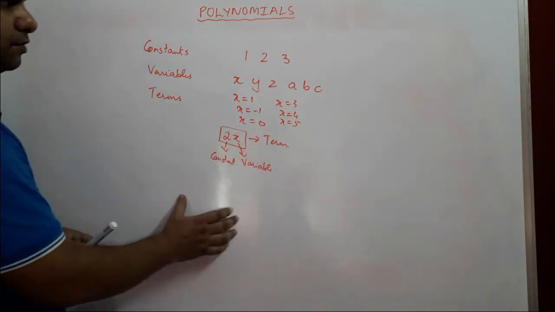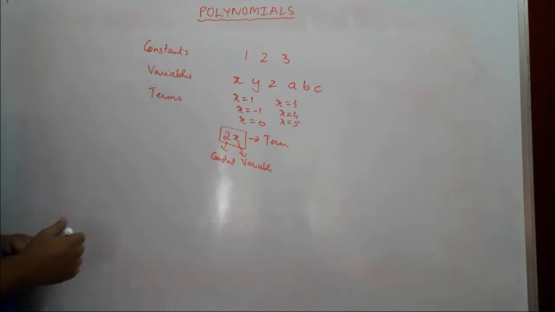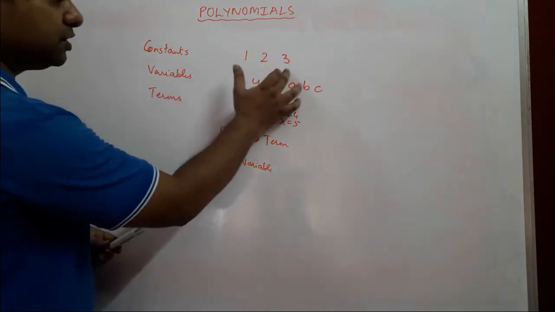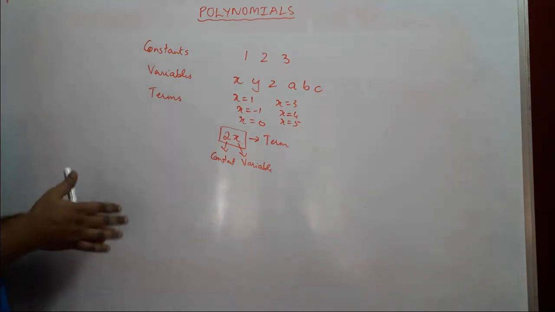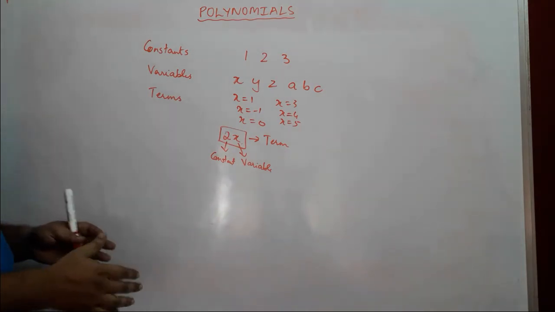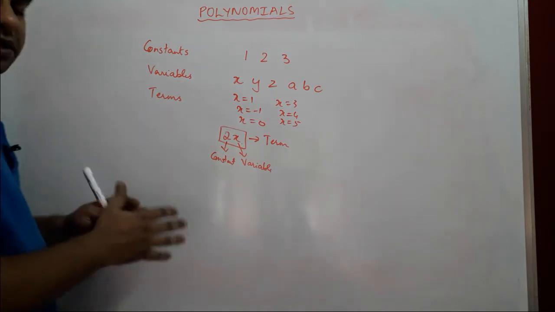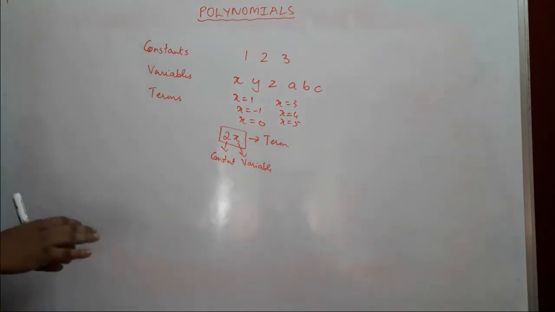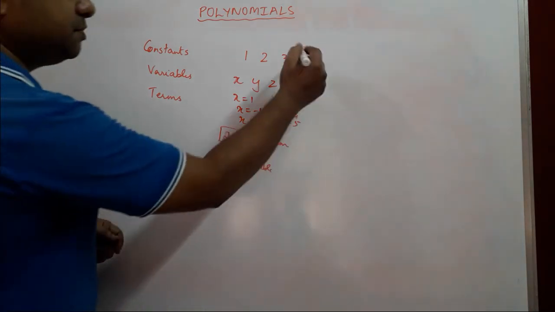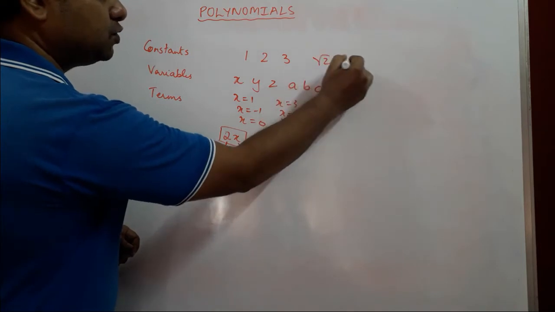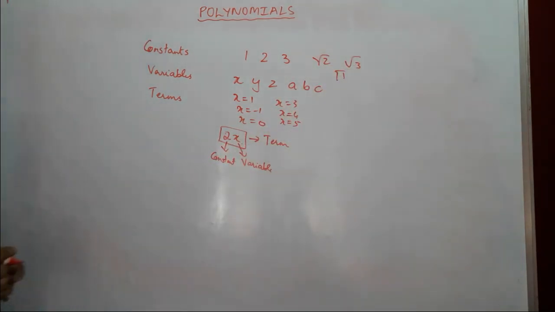For now, just understand these three terms: constants, variables and terms. Numbers like 1, 2, 3 have a definite value which does not change. Universally 1 means 1, 2 means 2, 3 means 3. It will not have any other value. Similarly, you will have others like √2 or √3 or pi. These are constants.